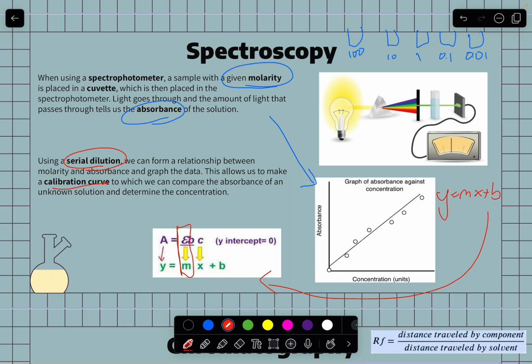If you have a calibration curve like this, you can put in an absorbance of an unknown. You can put some unknown solution into the cuvette, put it in the spectrophotometer, determine the absorbance, and then plug that into this equation to figure out your concentration. That's something we're going to do with a lab. You'll see that more there, and we'll have some questions with this as well.